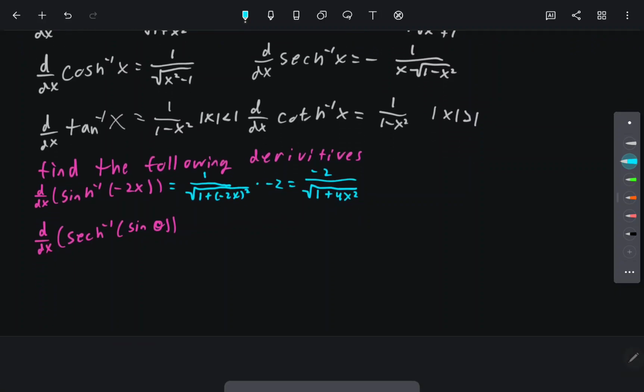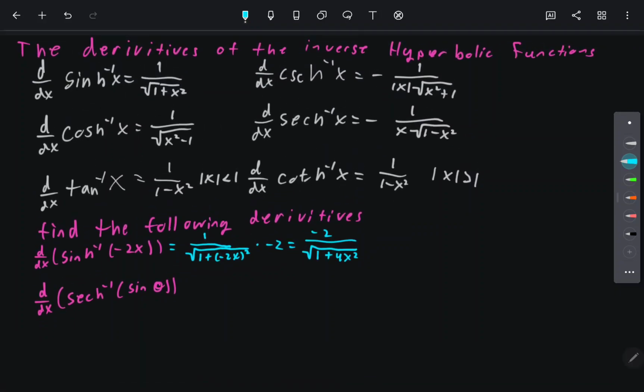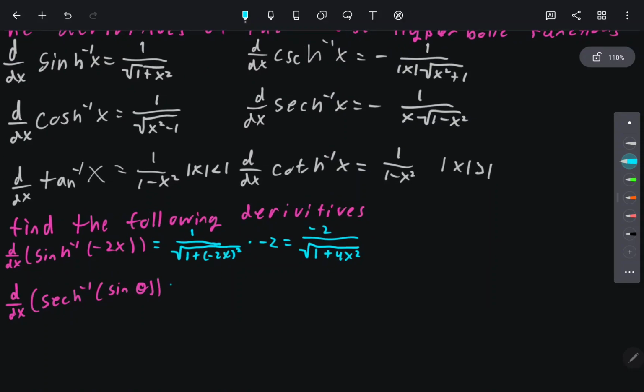Alright, moving on to this next problem. We have a bit more complicated one. So we take the derivative of the outside function.